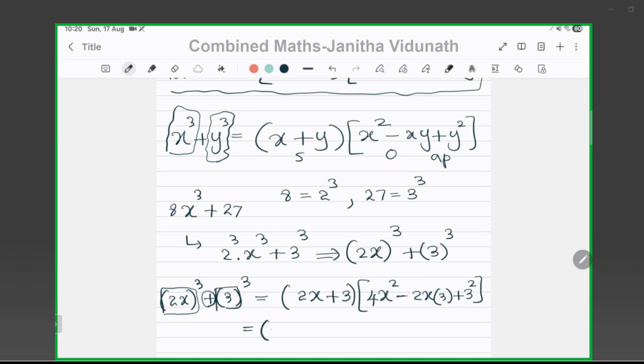Then finally we can rewrite this as 2x plus 3 times 4x square minus 6x plus 9. This is the answer of the final factorization.